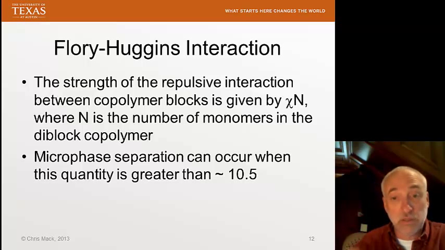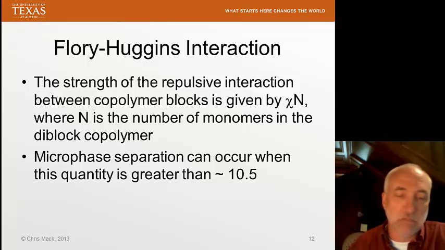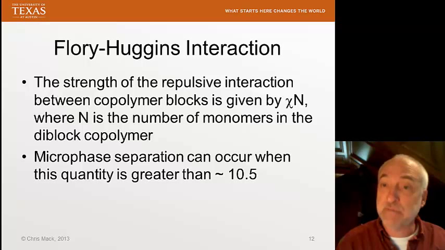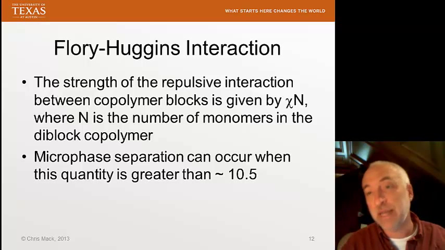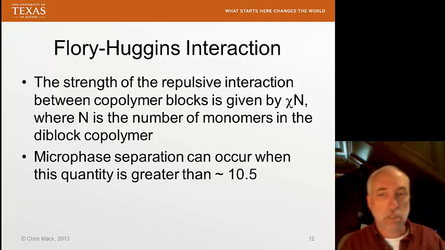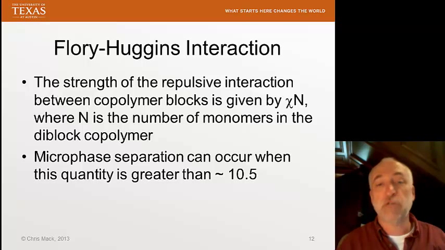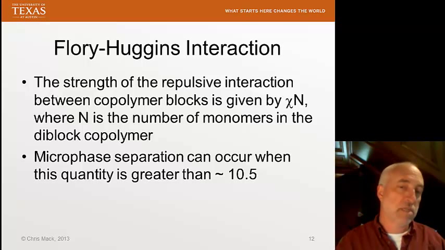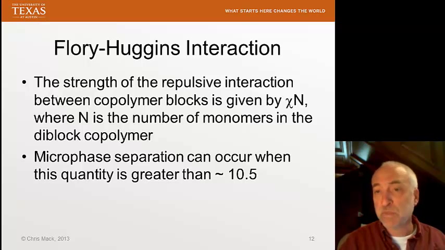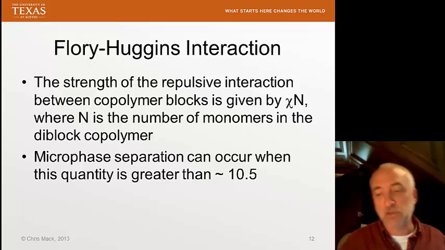But certainly it has to be bigger than 10.5, and that's based on some modeling that people have done. So it's the magnitude of chi times n that determines whether microphase separation is going to occur. A larger value of chi times n is a much greater driving force towards microphase separation. And if chi times n is too small, then I won't get microphase separation. Everything will remain mixed and disordered.